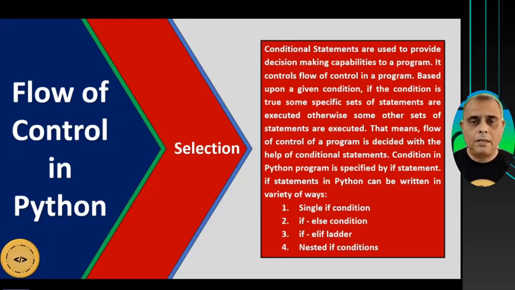There are four ways in which we can specify conditional statements in Python. The first one is simple if condition. The second one is if and else blocks. The third one is the if elif ladder, and the last one is nested if conditions.